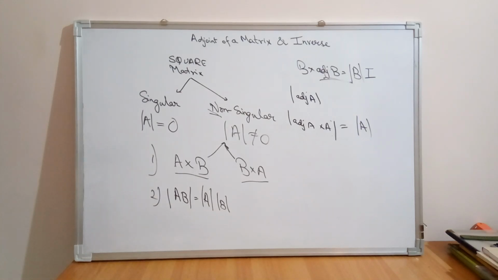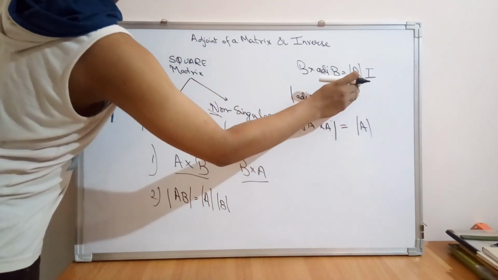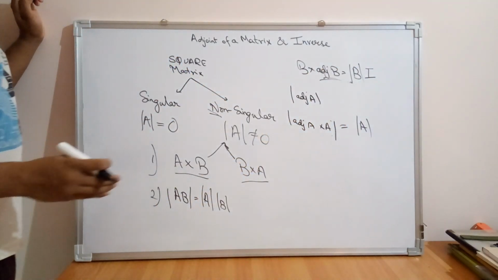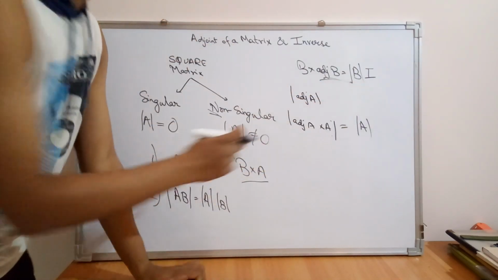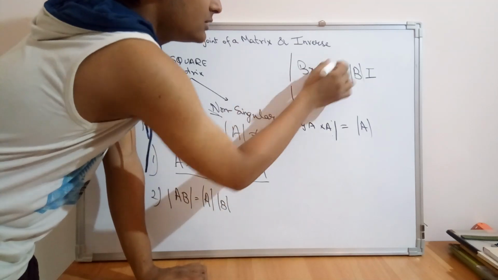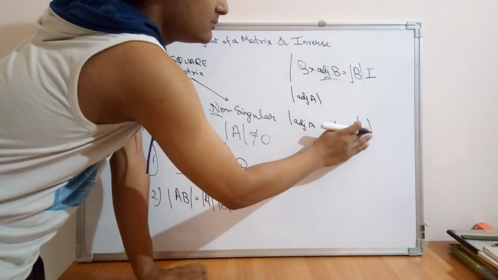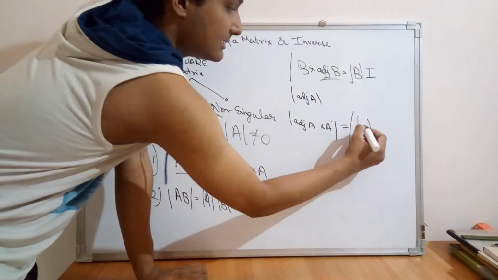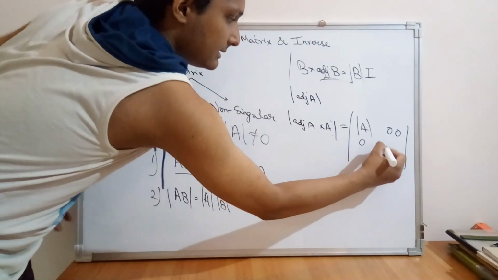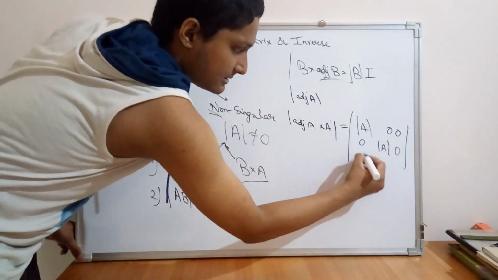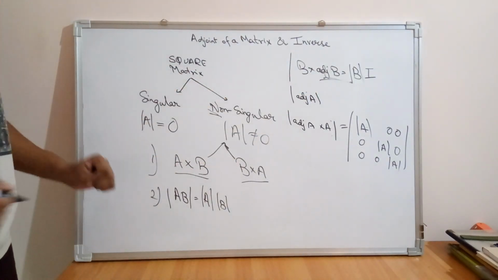So if I consider this thing and I remove this B outside, still we are asked to find not like this. Since we have found out the determinant of the whole thing, I need to consider this matrix not simply like this. It is like this: det A, 0, 0, then 0, det A, 0, and 0, 0, det A. Okay, like this we are going to get.